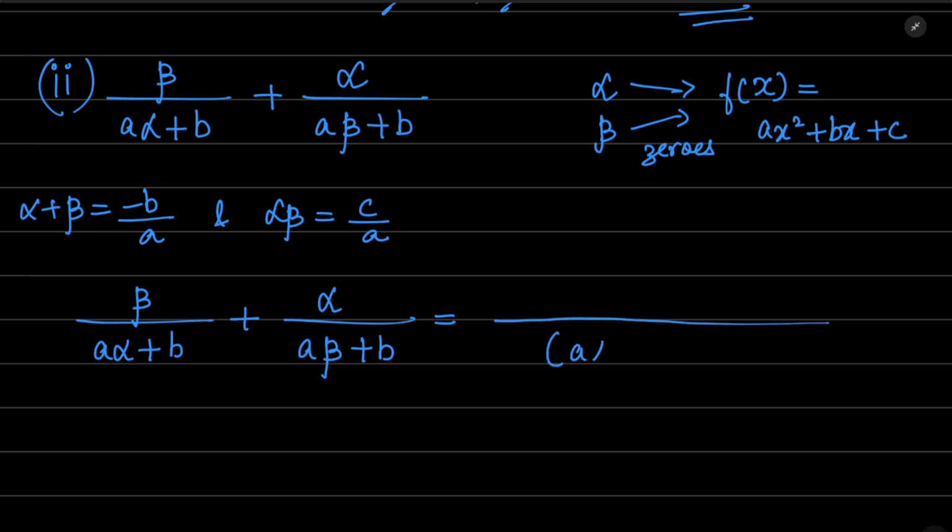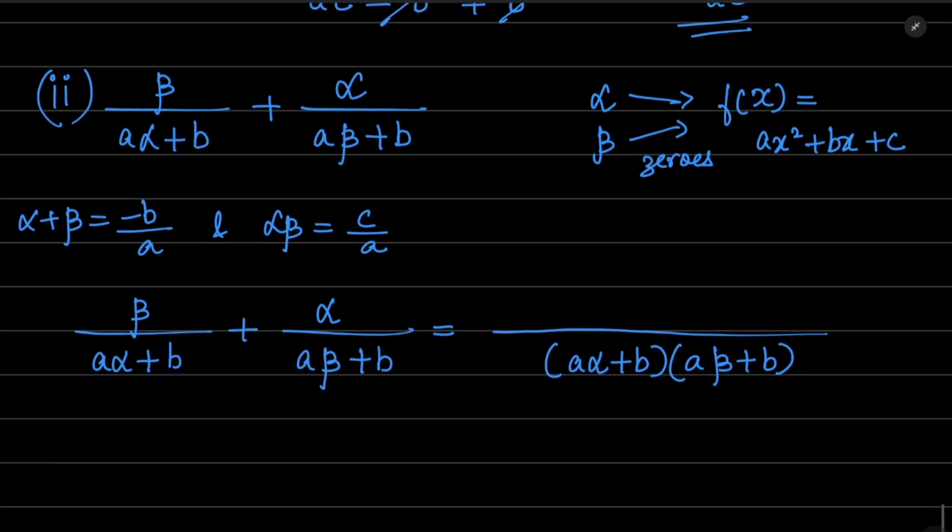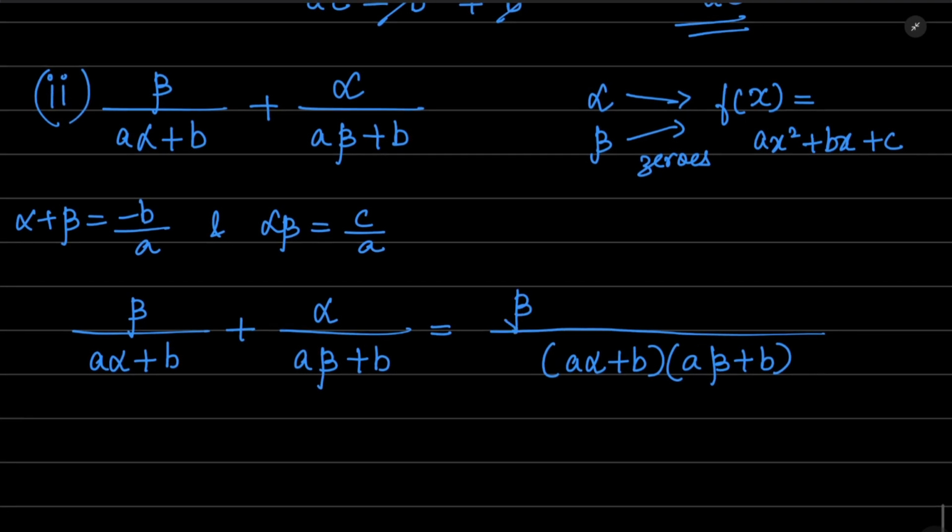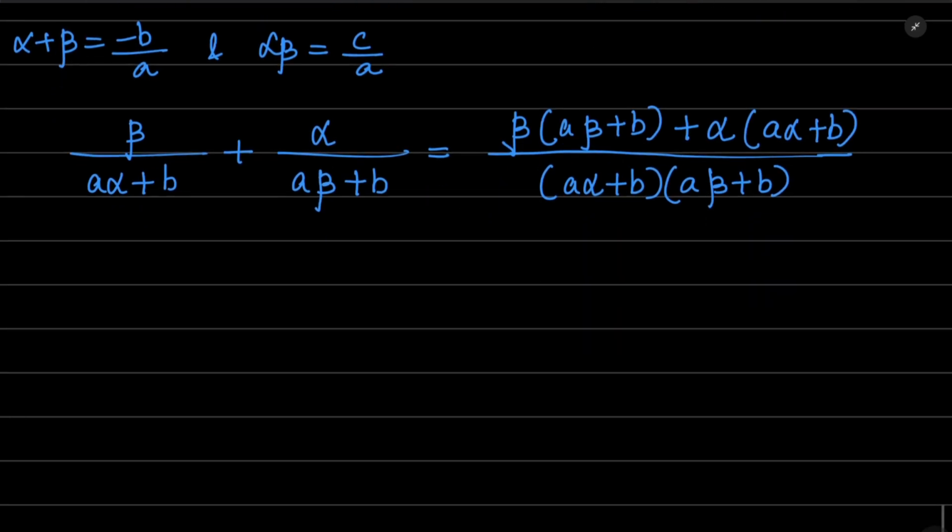So the LCM is the product of the two, a alpha plus b multiplied by a beta plus b. So in the numerator, the first term would be beta is already there. Beta multiplied by a beta plus b, plus alpha multiplied by a alpha plus b. Now let's multiply each term.